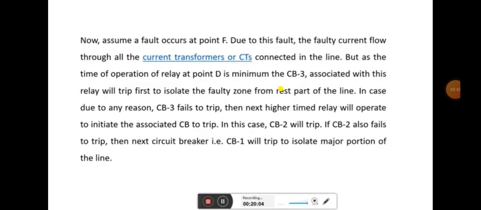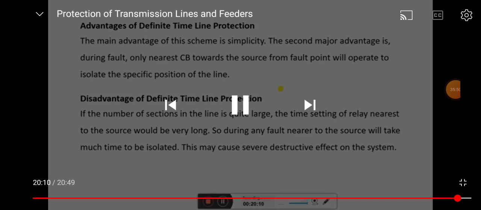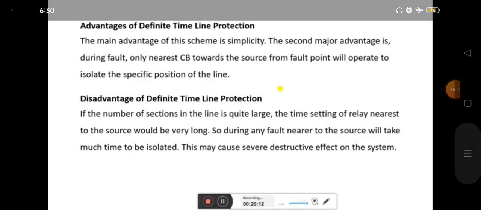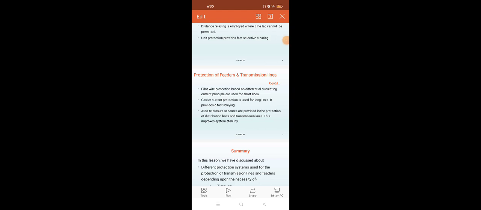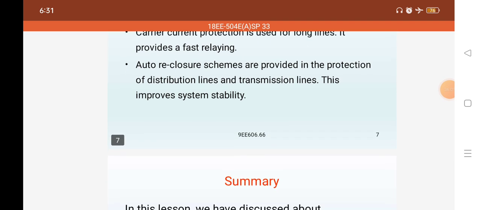The same thing has been told here. So this is about the protection of transmission lines. Now we have watched the YouTube video regarding protection of transmission lines and feeders.